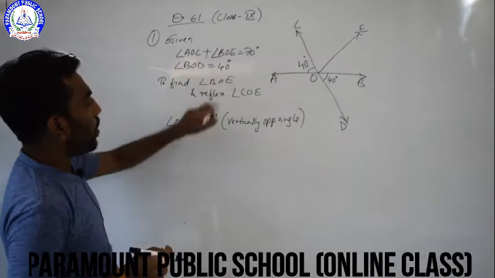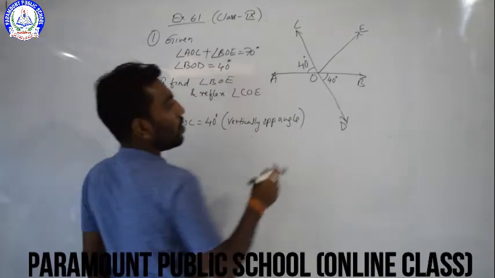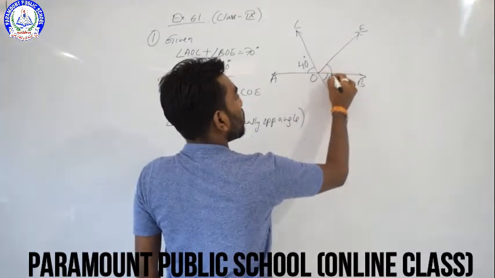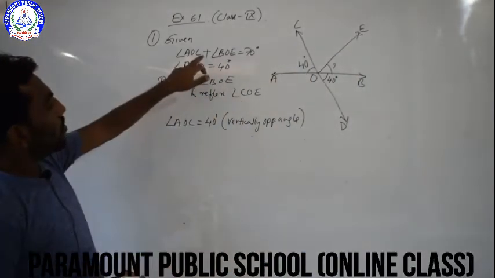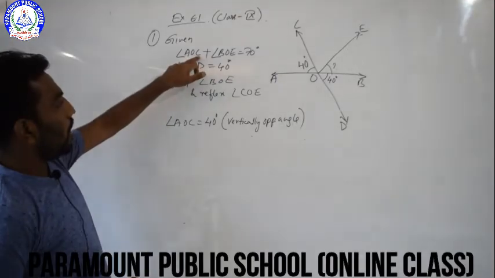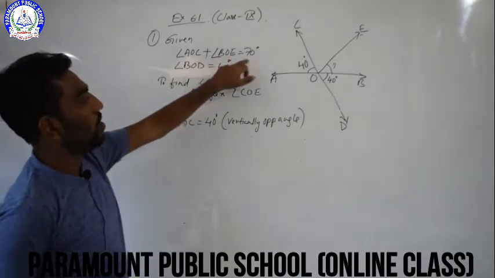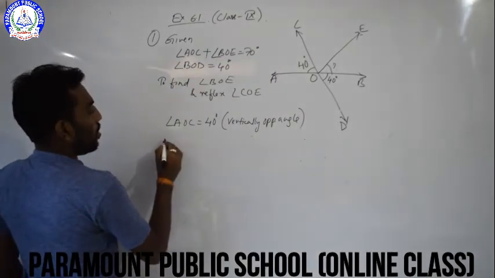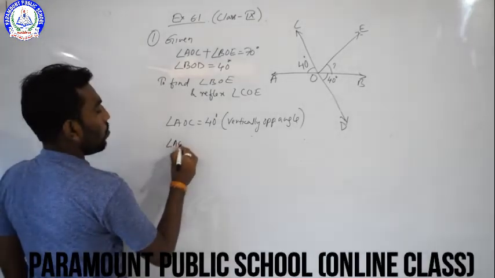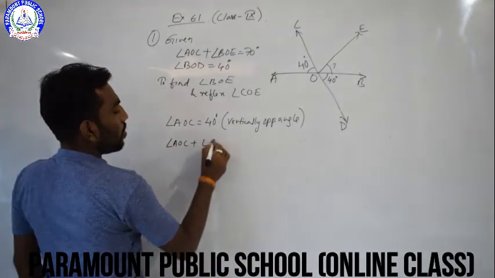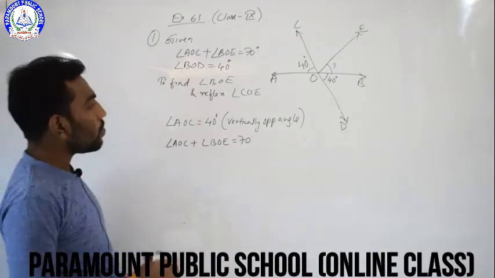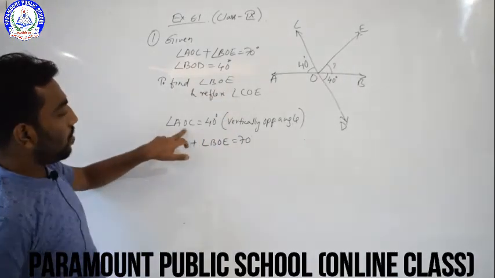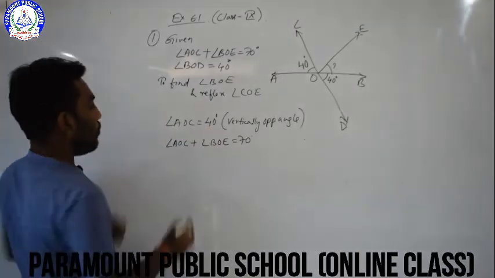Now what we have to find? BOE. Where is BOE? BOE is this part. We have to find this. Now go to this solution. Given angle AOC plus angle BOE equal to 70 degree. So what is angle AOC? Angle AOC is nothing but 40 degree.